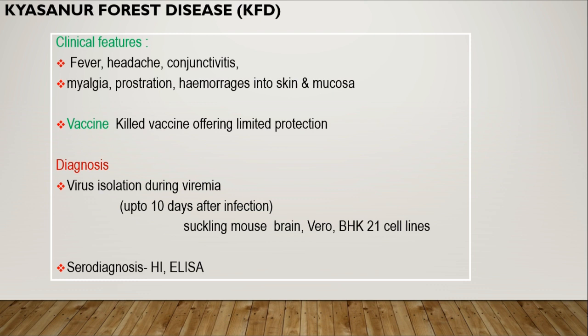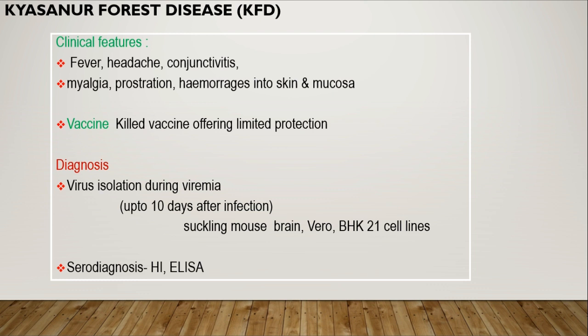And we can also go for virus isolation within 10 days by transferring the sample to suckling mouse brain, Vero cell lines or BHK21 cell lines. These are long, tedious processes, so we won't usually do that. We definitely do something like serological examination where we can track down the antigens or antibodies. Since it is a serious intracytoplasmic pathogen, we'll definitely look for the presence of antibodies.